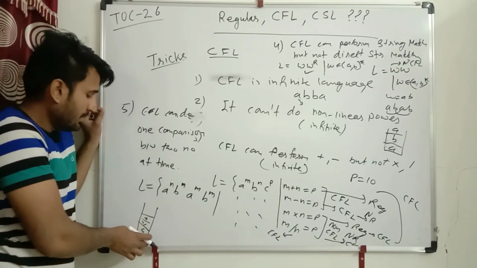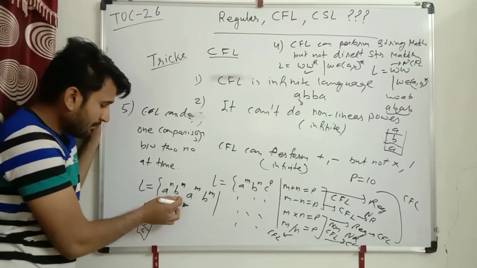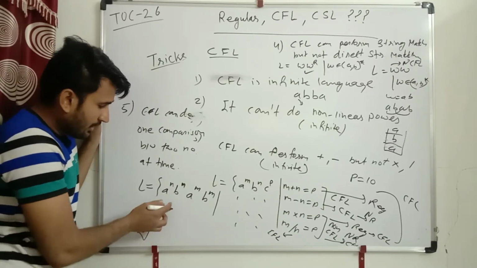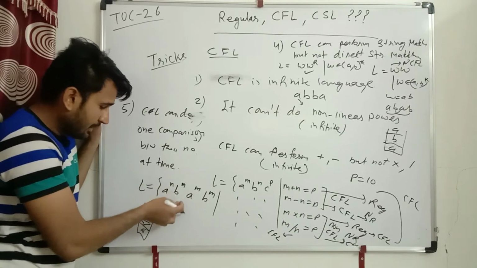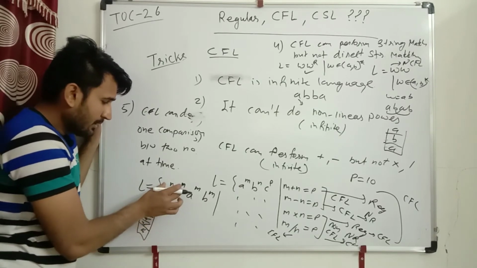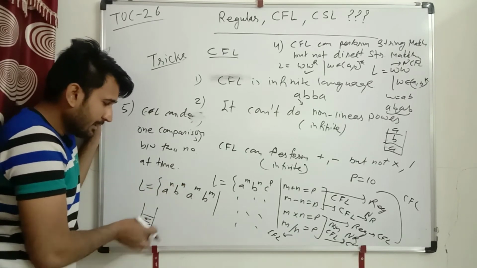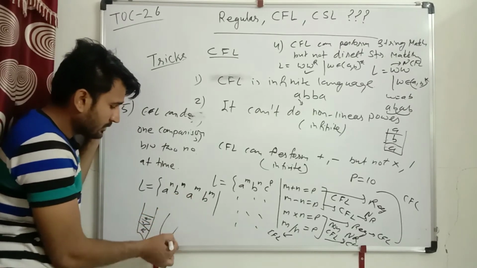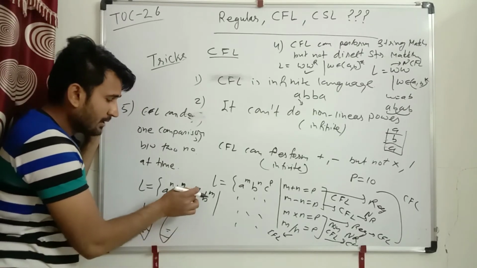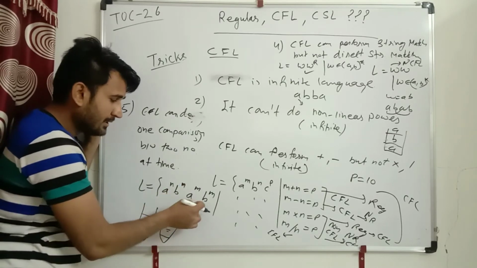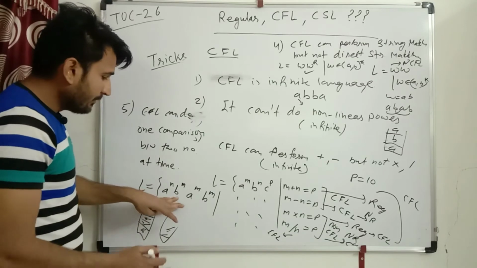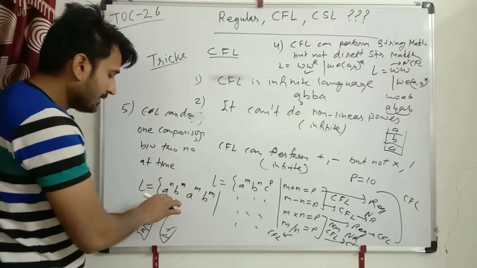If B comes, then A will be popped, till all the A's are popped. If empty, then A came, it will again push. Okay, m times it will push and the next m times will be popped. Means at a time only one comparison is there.